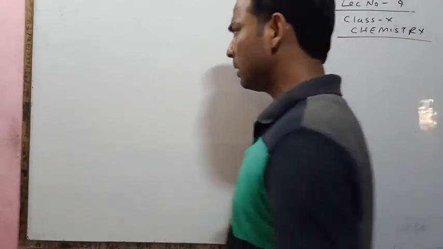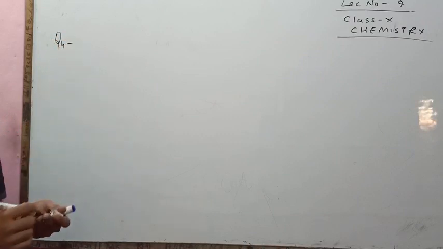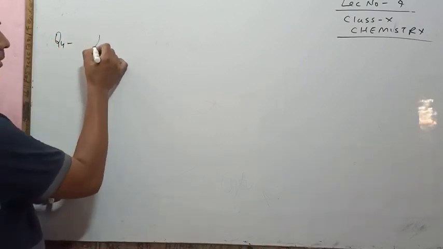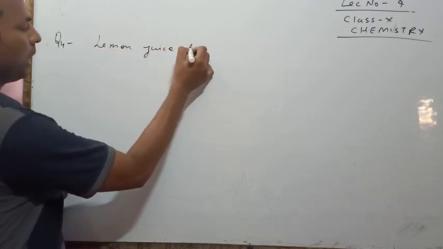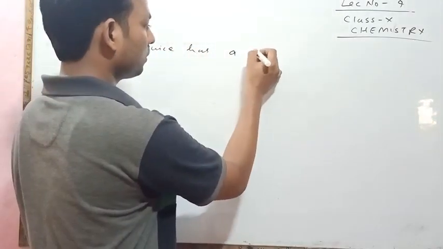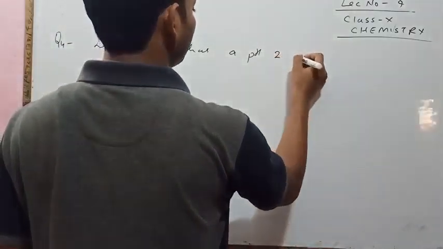Okay, students. Next question related to pH. Question number 4. Lemon juice has a pH 2. The question is very simple.